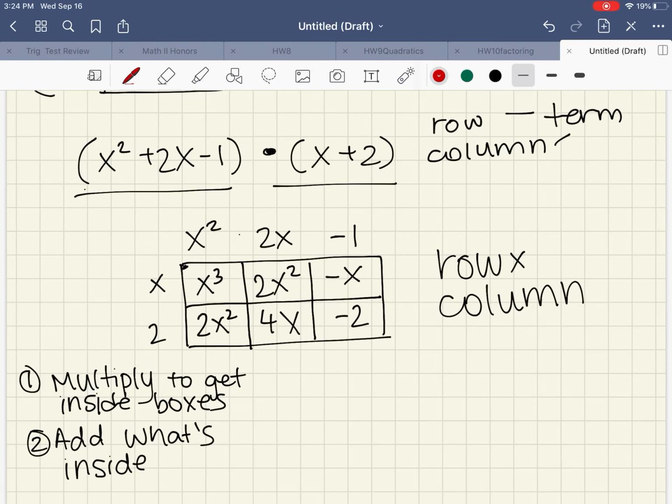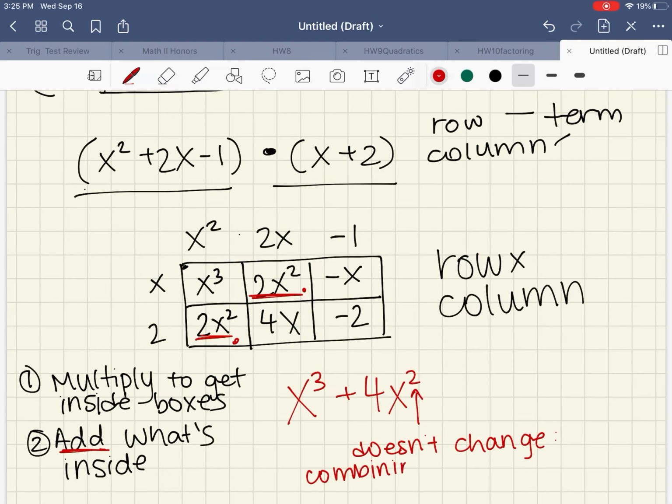Now we're going to match up like terms to add it all together. x cubed is by itself because there are no other x cubed terms. I do have 2 terms that are x squared, so I'm going to put those together: 2x squared plus 2x squared is equal to 4x squared. Notice how the exponent doesn't change here because we're adding. We're just combining like terms.